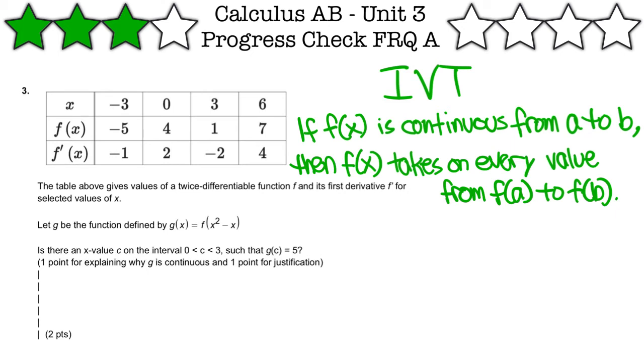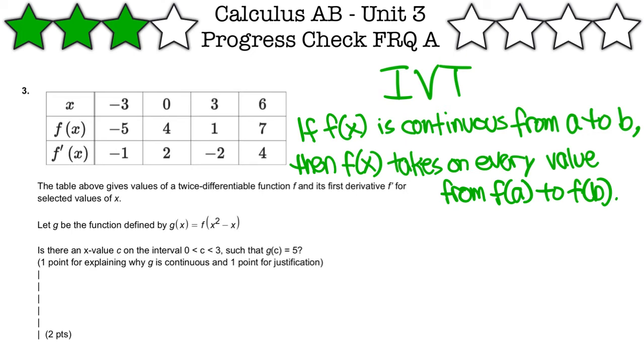To apply the theorem, we need to show that the function is continuous and then identify the two y values that we're comparing. At this point, you should be able to explain why g is continuous. We covered that concept at the beginning of this video.